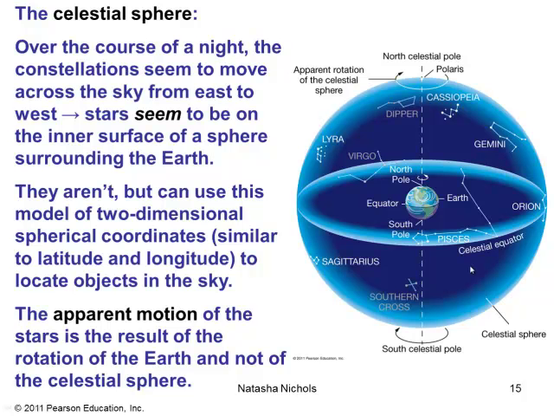Earth's rotation defines the directions you use every day. The north point and south point are the points on the horizon closest to the celestial poles. The east point and the west point lie halfway between the north and south points. The celestial equator always touches the horizon at the east and west points.